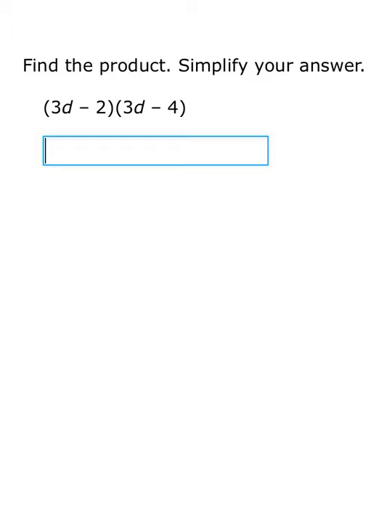Alright, this time I have 3d minus 2 times 3d minus 4. So let's use the distributive property. I'm going to distribute out this first 3d to each number in the second parenthesis. So 3d times 3d, well 3 times 3 is 9, and d times d would be d squared.